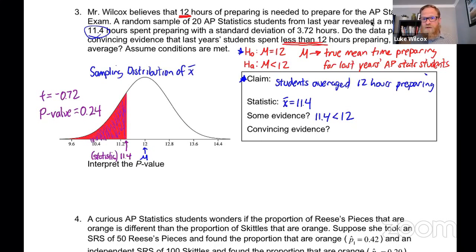So let's see if we can interpret that p-value here. And just like we did in the first 2 examples, I'm going to start with my assumption. And here we are assuming that this claim is true.